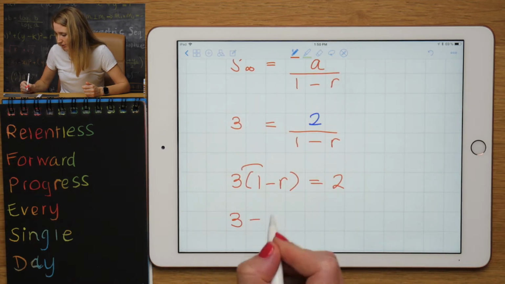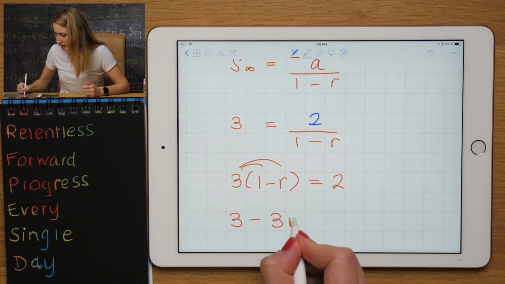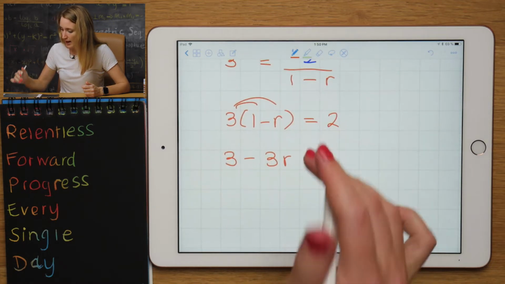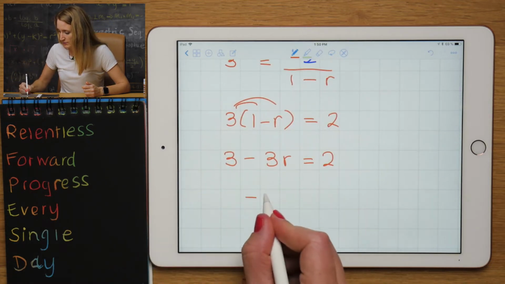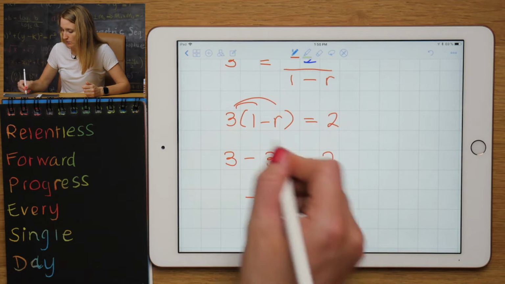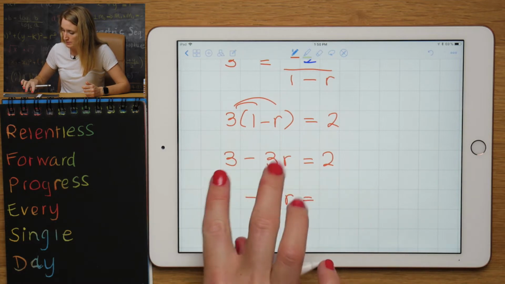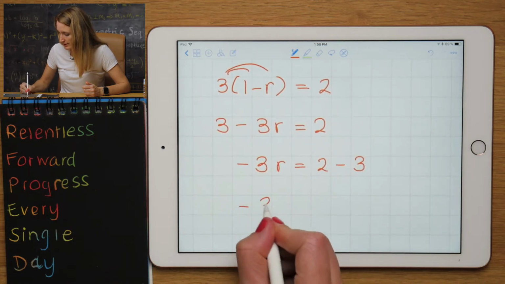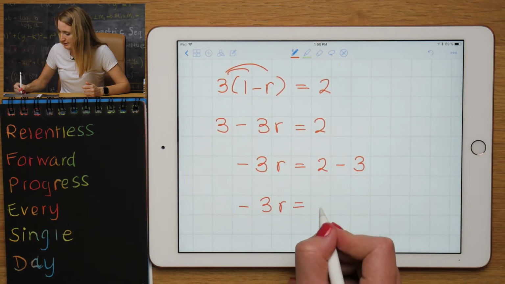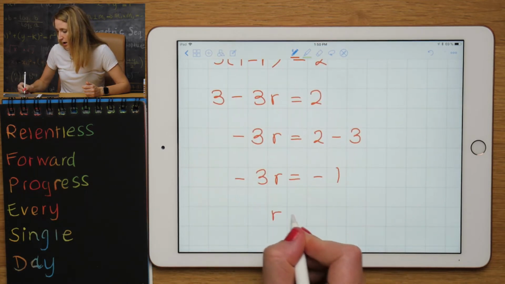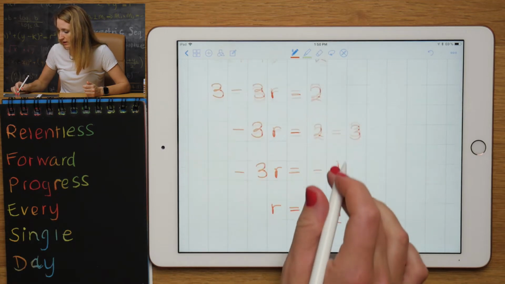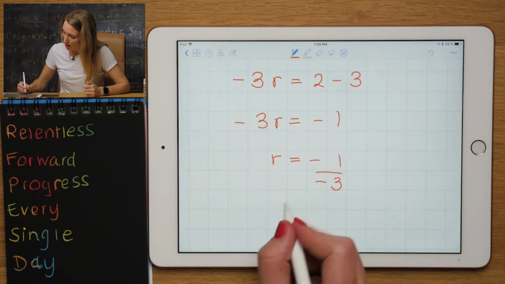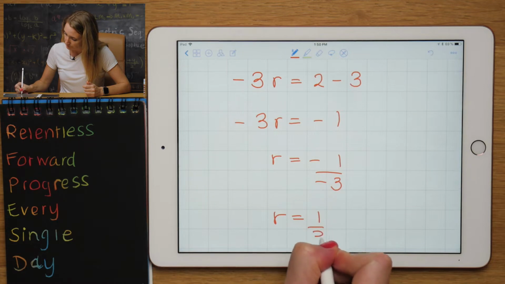Multiply out the bracket: 3 minus 3R equals 2. And now I'm going to make R the subject, which means R needs to be on a side all alone, and these two numbers need to go together. So minus 3R equals 2 minus 3, which is minus 1. R is equal to minus 1 divided by minus 3. R is equal to a third.